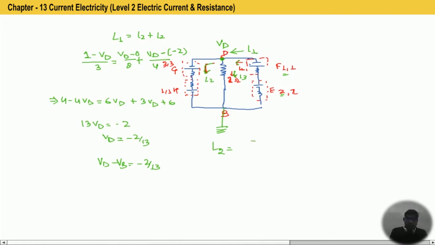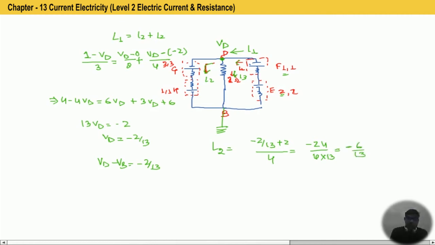So this is minus 2 by 13 plus 2, divided by 4. So from here we'll get minus 24, okay, divided by 4 into 13. So this current is minus 6 by 13.